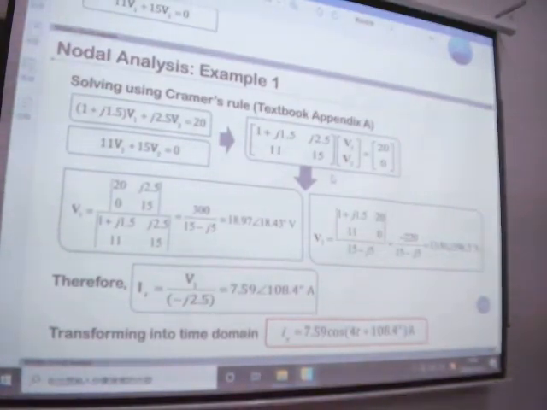It's easy, and you can solve it at home. In the denominator it's the determinant of this matrix. For V1 we replace the first column by B and calculate the determinant. For V2, we replace the second column by B, and then calculate the value.